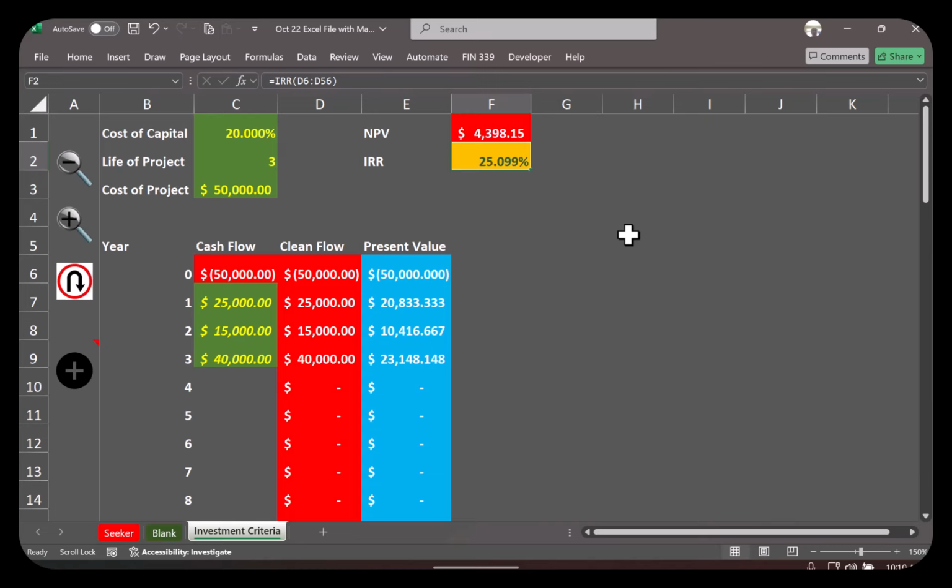It's not any more complicated than that. And you cannot calculate IRR by hand. You can do it by hand if you use trial and error methods, but Excel actually does that for you using its iterative way of doing things. If you have a financial calculator, it will calculate it for you.